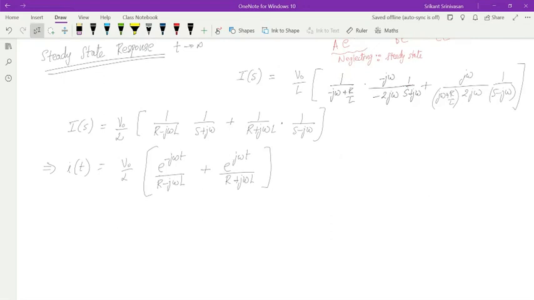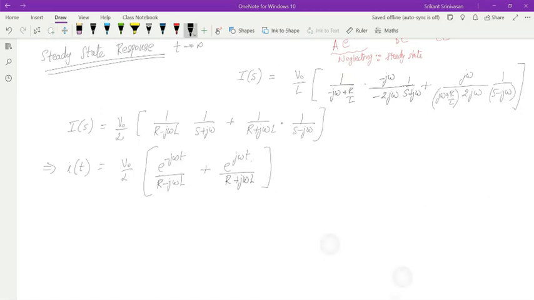So you can simplify this further by doing some cross multiplication. This R e power minus j omega t, and over here R e power j omega t, and then there is j omega L e power minus j omega t and minus j omega L e power j omega t.